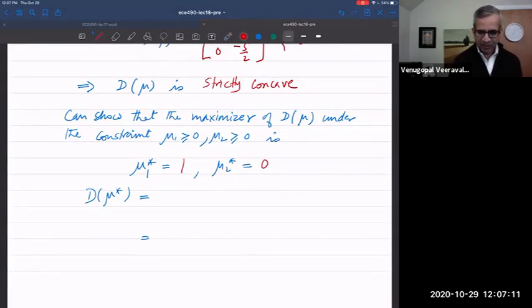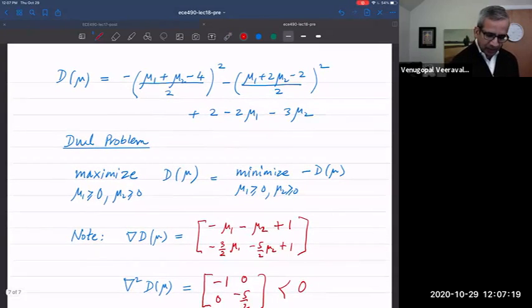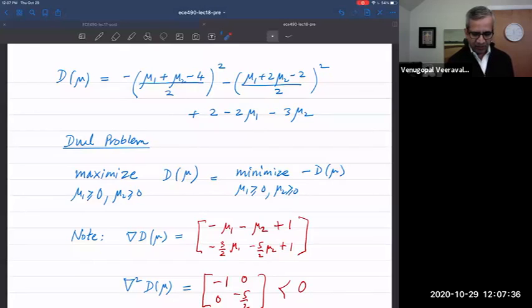Again, do this at home. And then if you compute the value at mu star of this function, plugging in mu1 equal to 1 and mu2 equal to 0, you get minus 3 divided by 2 squared, which is minus 9 over 4 here, and here you get 1 over 4, minus 1 over 4 when you take the minus sign. And then this cancels out, and this is 0.